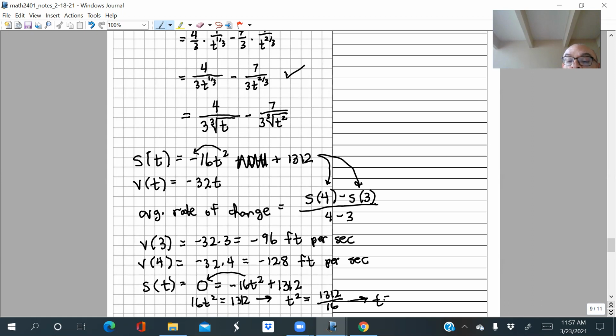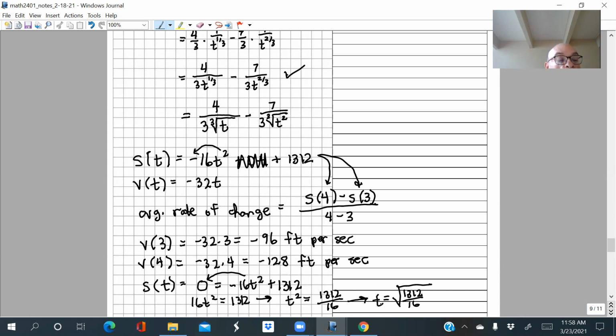So you get t is equal to the square root of 1312 divided by 16. That may turn out to be a reasonable number, or I may have to just write down a decimal approximation for that. Let's do that on the calculator. 1312 divided by 16. Oh, that's nice. That's 82.